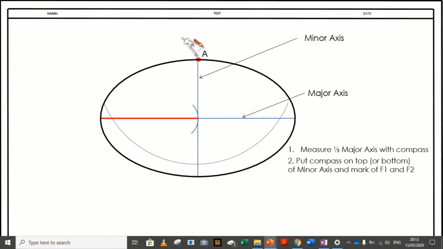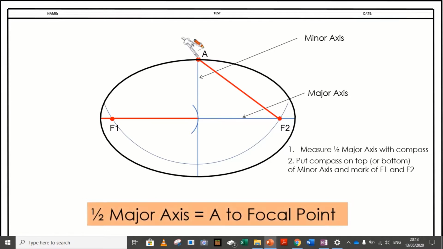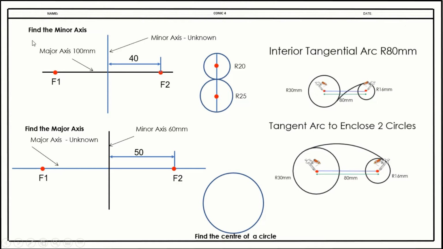Now where that arc cuts the major axis will get you the two focal points. And a key point of that learning was that half the major axis is equal to the distance from the top of the minor axis to the focal points. It's the same thing. We had a look there at how we went last week of finding the focal points.